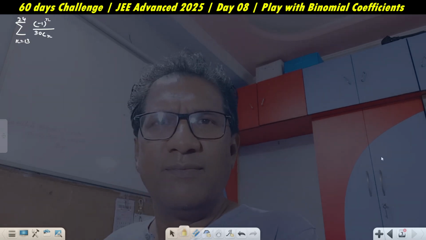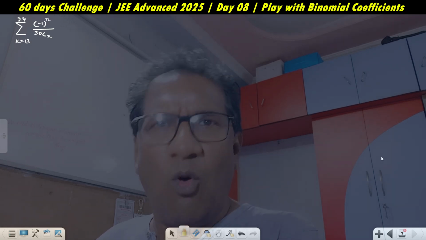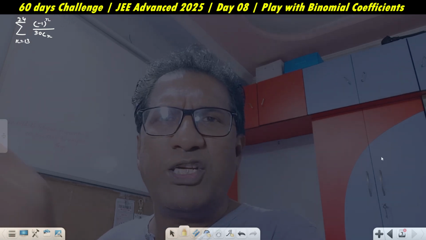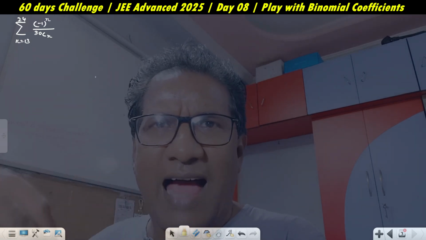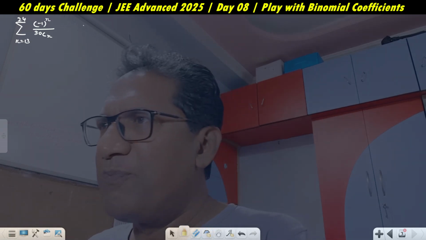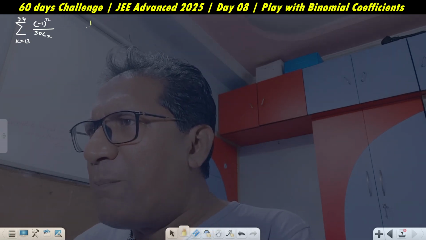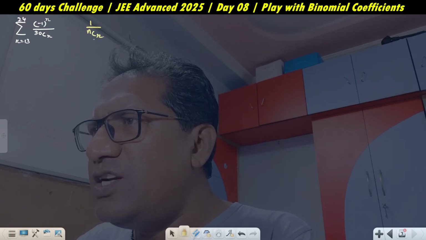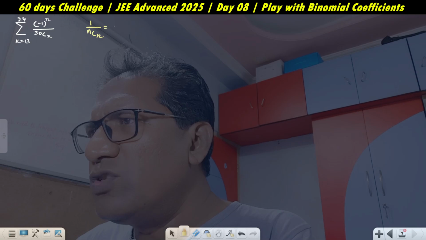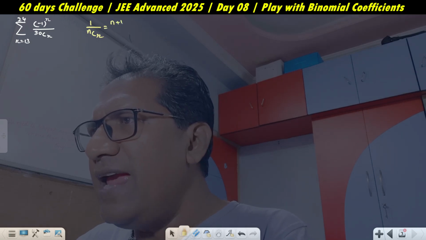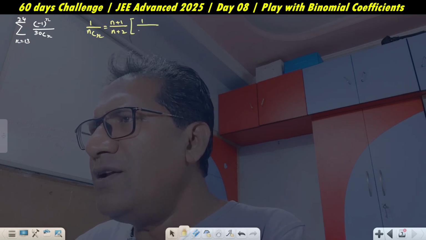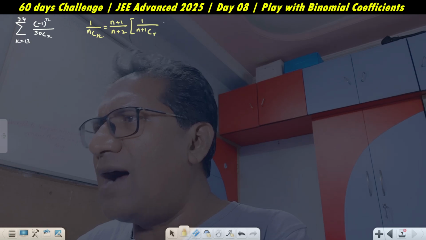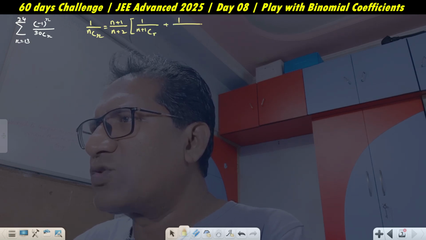So this question. In this question, the question is the same. Only thing is that the binomial coefficient I have taken in the denominator. Now, there is a very famous identity. You must remember this. When the binomial coefficient is in the denominator, you always use this identity, that is 1 over nCR equals (n plus 1) over (n plus 2) times [1 over (n plus 1)CR plus 1 over (n plus 1)C(R plus 1)].